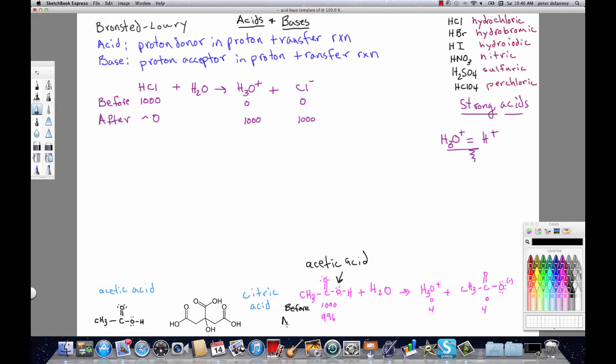And after the reaction's over, we see that there's still 996 molecules that are in the protonated form. In other words, 996 molecules that still are attached to the hydrogen, whereas there's only 4 molecules of the hydronium produced for 1,000 molecules of the acid that we inputted into the water. So this is the fundamental difference between a strong acid and a weak acid. It's the degree of ionization.